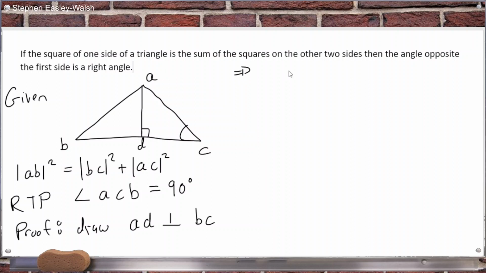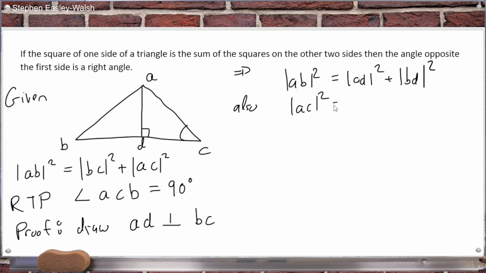So what we can say is that AB squared equals AD squared plus BD squared from Pythagoras, and also from Pythagoras we can say AC squared is AD squared plus CD squared, like that.